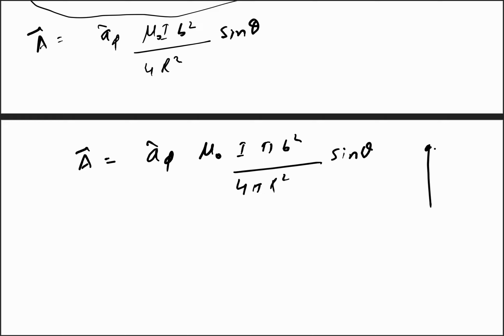Now if this is z axis and if this is angle theta, so this sin theta will be az dot ar.